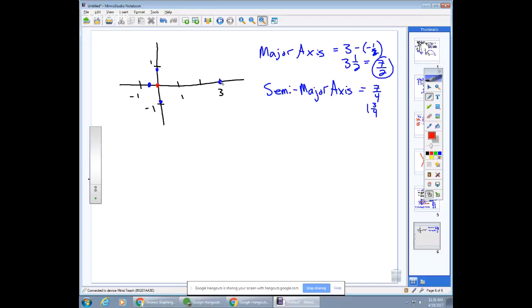Right? So if here I have 3 as the vertex and the distance between this vertex and this focus is 1/2, then 2.5 must be the other focus due to symmetry. Just to double check on that, I'm going to note the center of this circle.